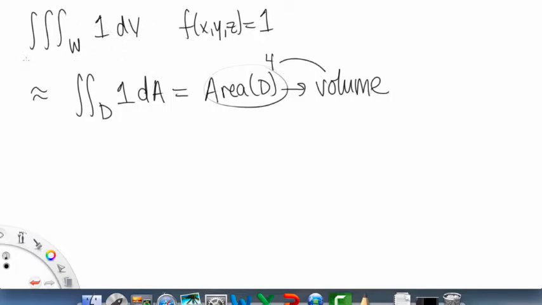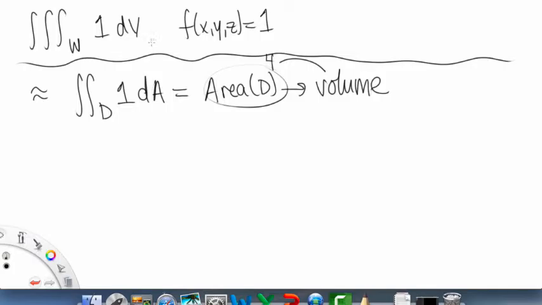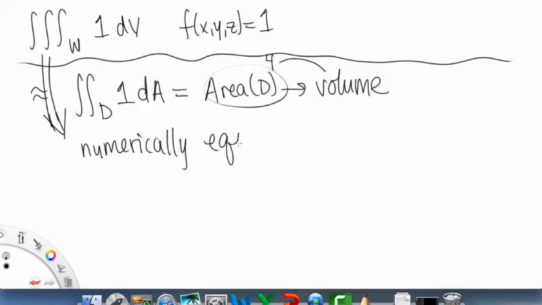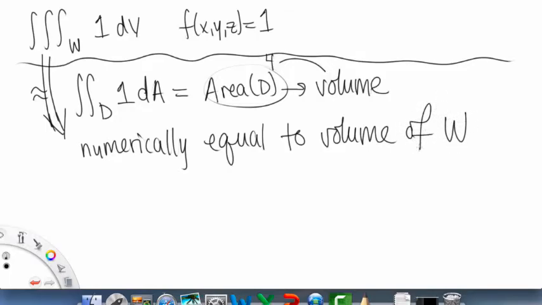So in the three-dimensional case, what we would have here is actually that this triple integral, when f of x, y, z equals 1, is going to be numerically equal to the volume of W, of your region W. And this is a three-dimensional thing, or object, right?